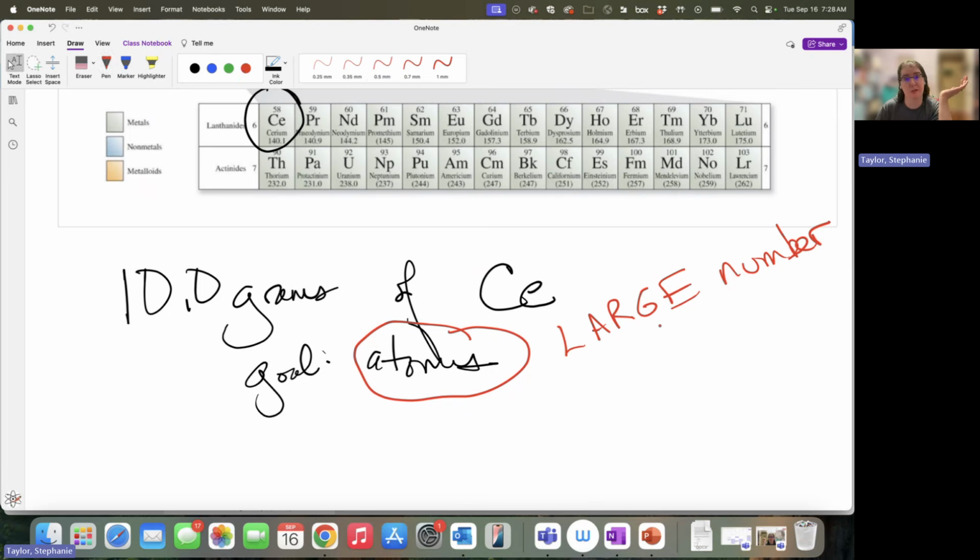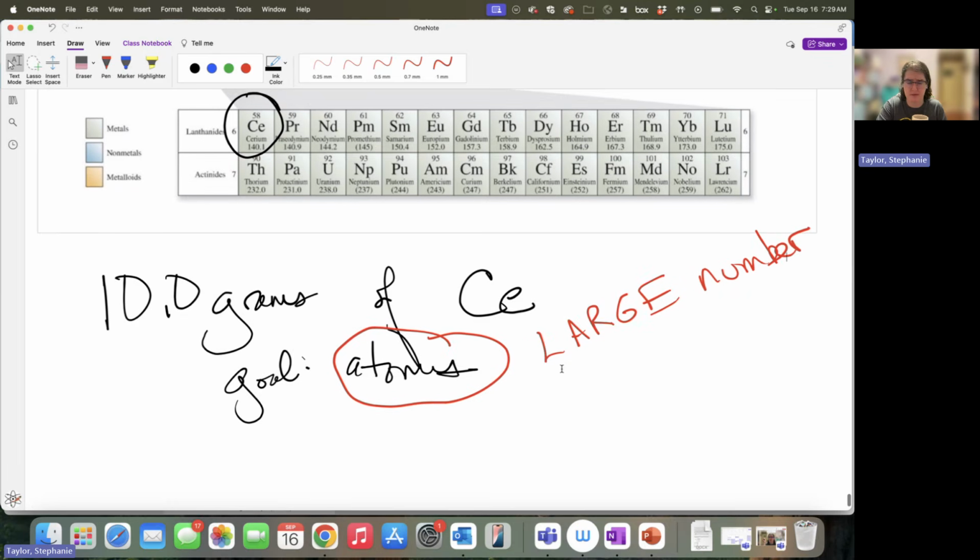If this is a multiple choice question, usually we bank on people forgetting whether you multiply or divide, so we'll have some answers with negative scientific notation. That's like a piece of an atom, and that's just not a thing. We don't do partial atoms in this class. Whole numbers, big numbers, atoms, big.